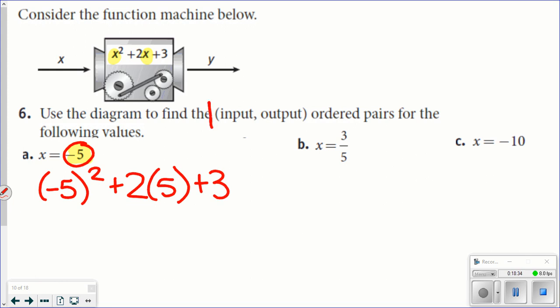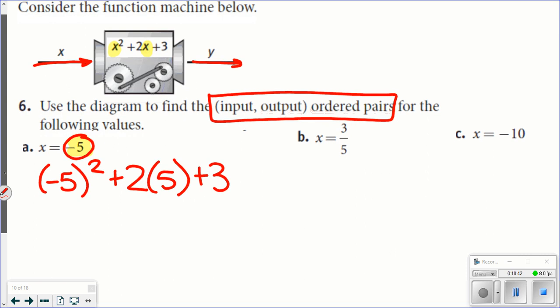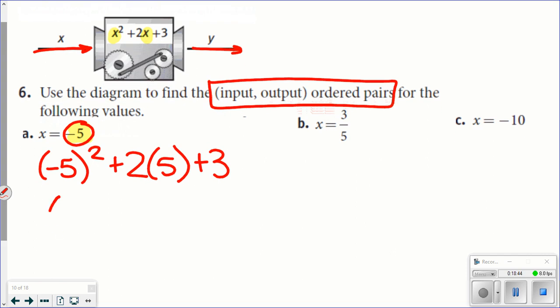And we need to write them as ordered pairs, x, comma, y. Input, comma, output. So I'm going to start with a parenthesis. Oops. That's a -5 right there. Caught my mistake before I did the question. So my input is -5, comma, and whatever our answer is, we're going to write that as our output.